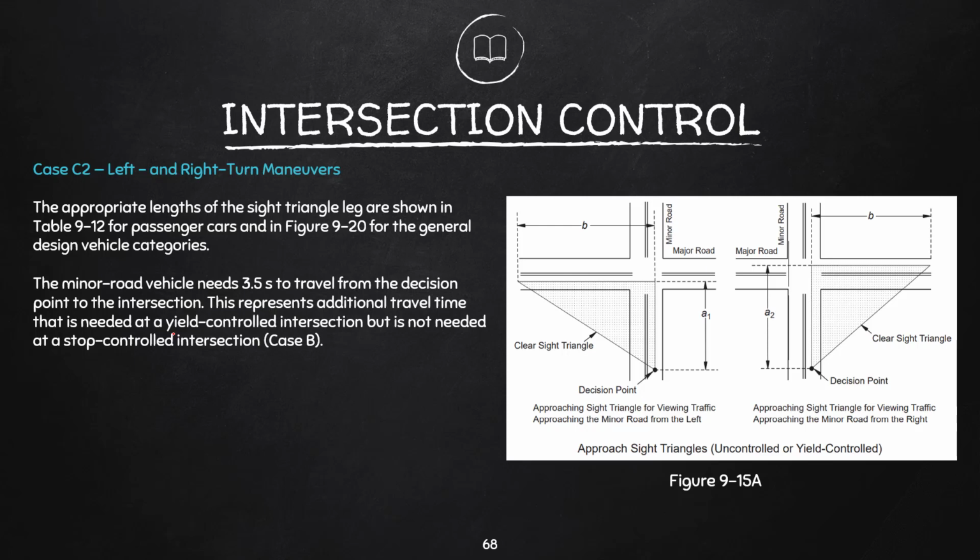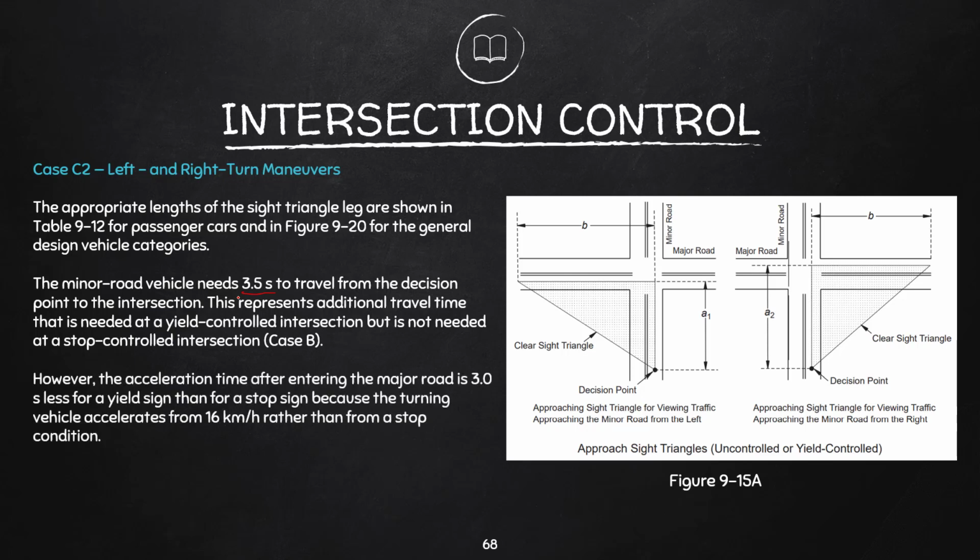So for a yield-controlled intersection, there is an additional 3.5 seconds for the maneuver. However, the acceleration time from entering the major road is 3 seconds less for a yield sign than for a stop sign because the turning vehicle accelerates from 16 kph rather than from a stop condition.